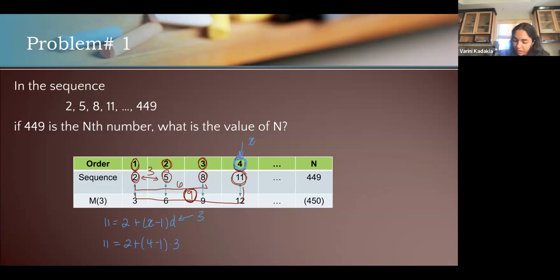Now let's define 5. Who wants to give me the answer for 5? How would you define 5?